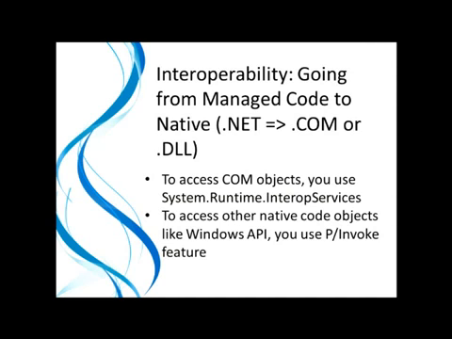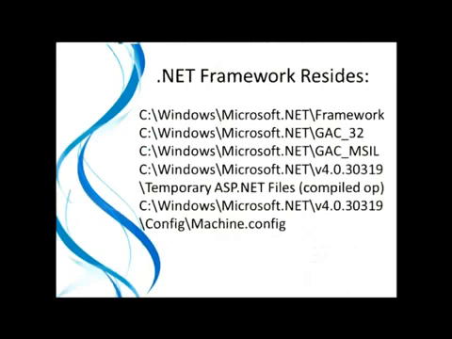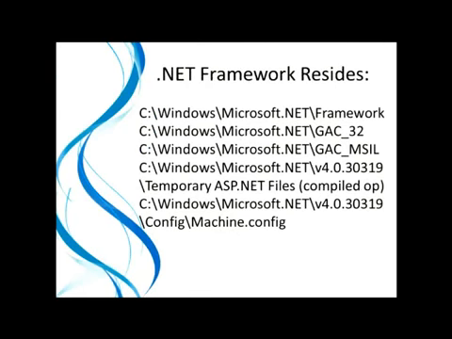And then if you're trying to access the other native objects like Windows API, you can use the PInvoke feature, and what this does, it just imports the DLL inside the .NET framework and puts the parameters on a stack, and allows you to work with them through that technique.